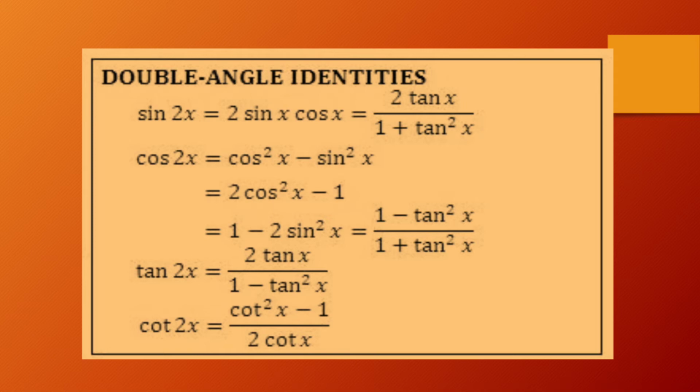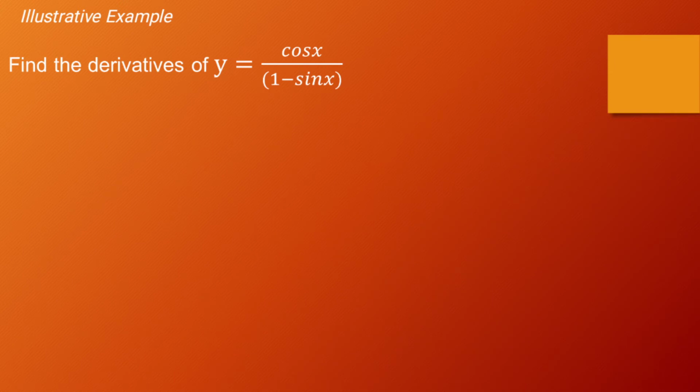And let's see another example where we can apply the different identities. Find the derivative of y is equal to cosine x over 1 minus sine x. We are going to apply the quotient rule.